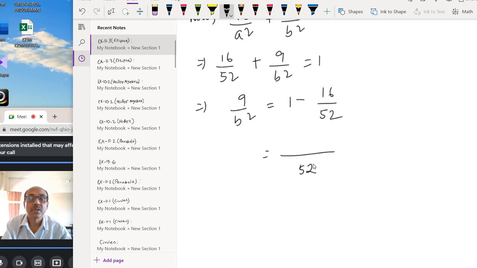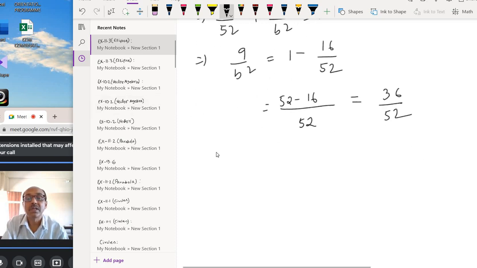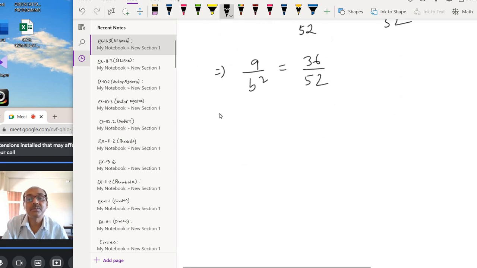Then 52 minus 16 equal to 36 by 52. So 9 by b square equal to 36 by 52. Now cross multiply.